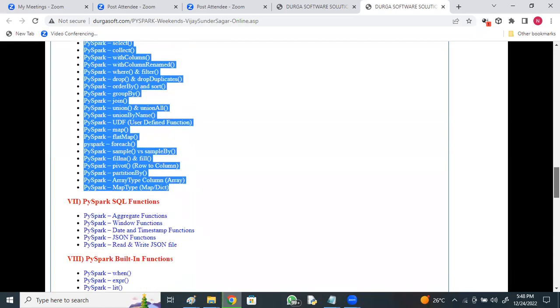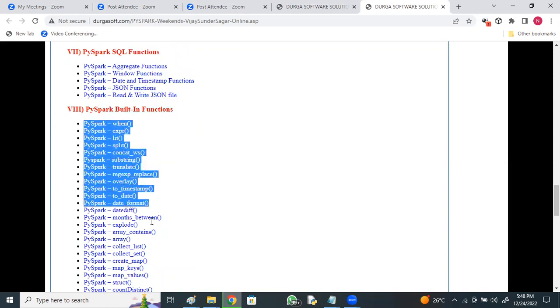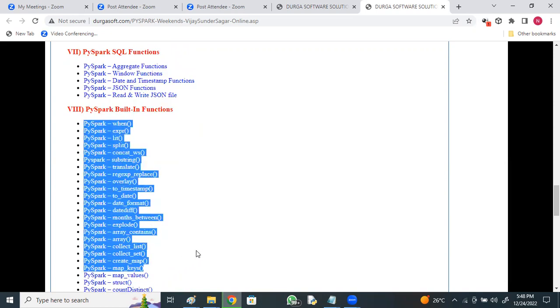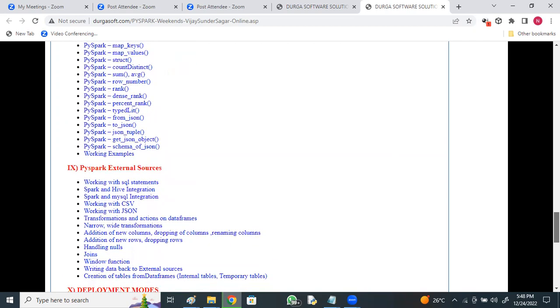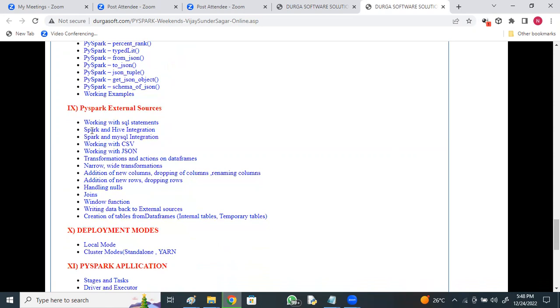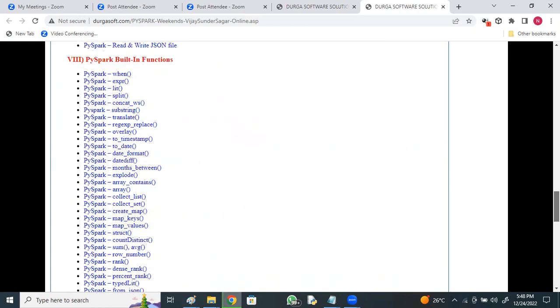And PySpark SQL functions, aggregate functions, window functions, date and timestamp functions, and many built-in functions of PySpark, everything in brief. Also PySpark external sources, deployment modes, PySpark applications, and streaming and ML integrations.